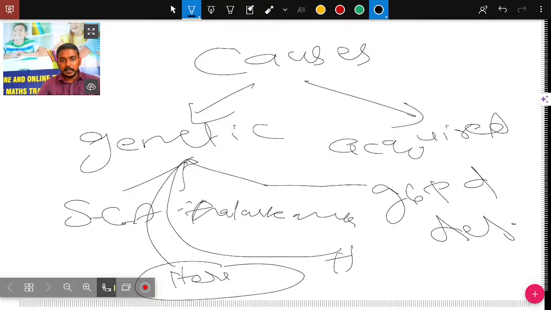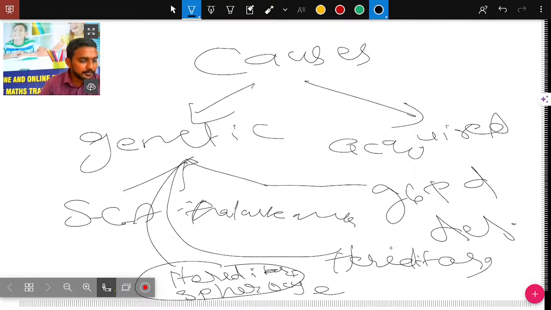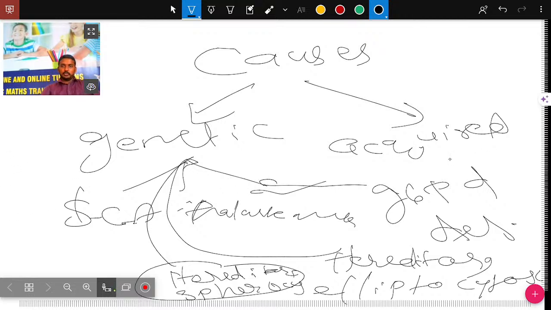So it could be hereditary spherocytosis, or hereditary elliptocytosis, I guess. Yes, hereditary elliptocytosis. So these are the genetic causes, total 1, 2, 3, 4 and 5.